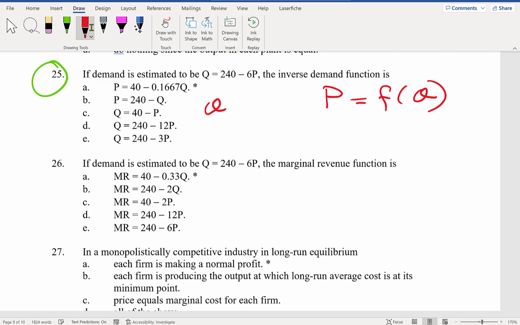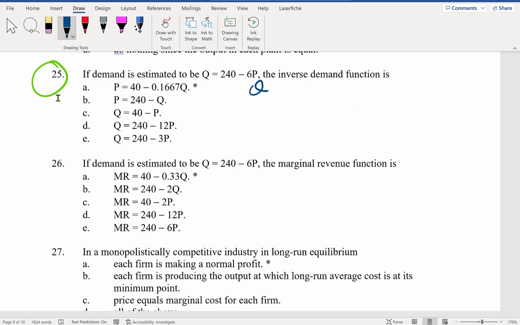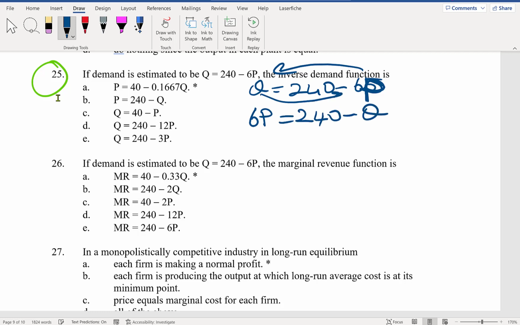We're going to leave P by itself, so send anything with the price to the left hand side, 6P, and send the quantity to the other side, 240 minus quantity, and divide everything by 6.